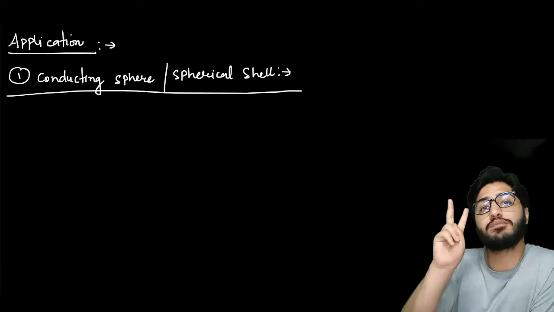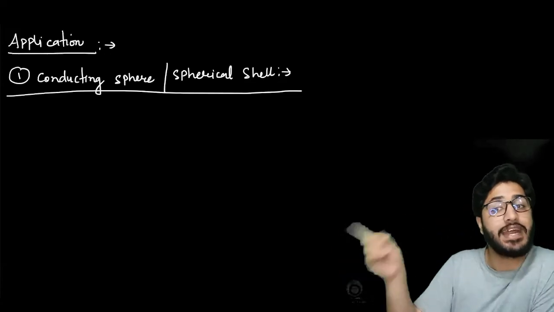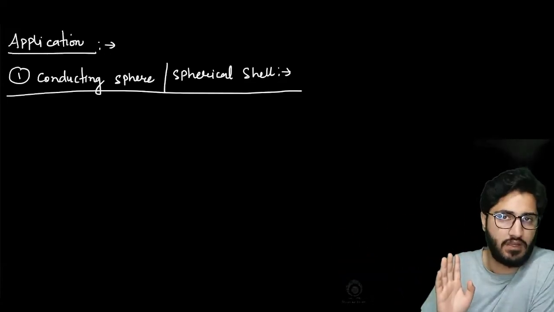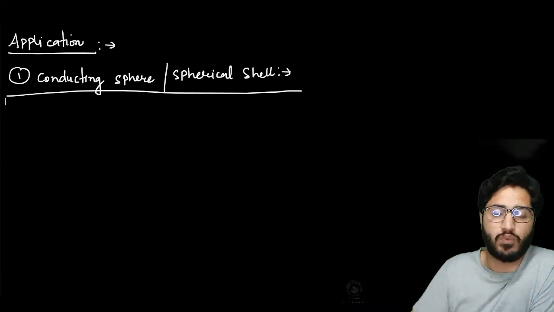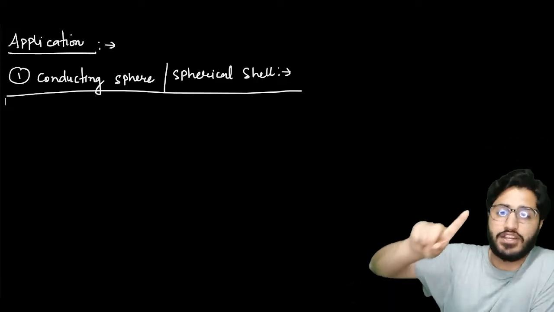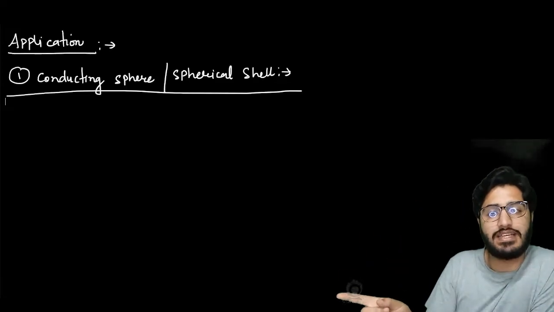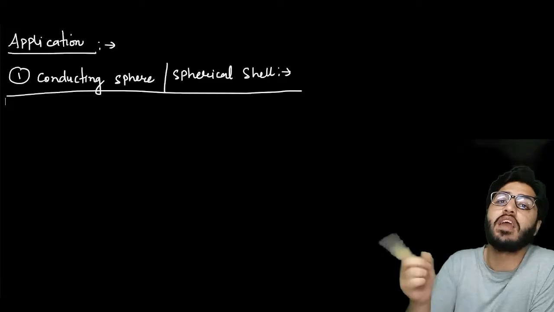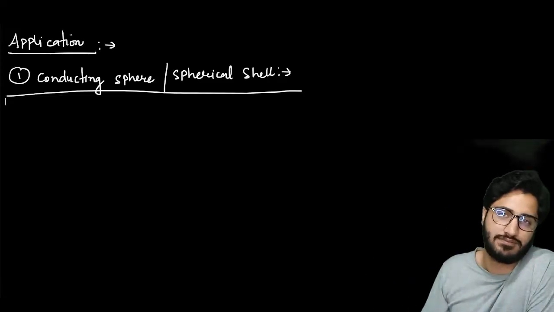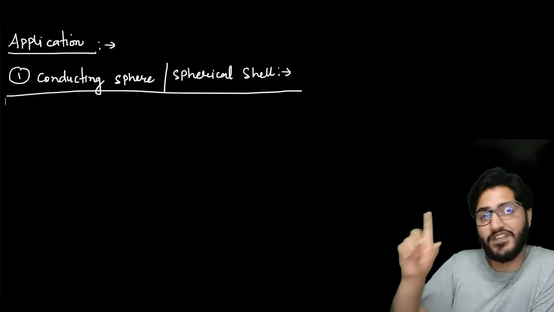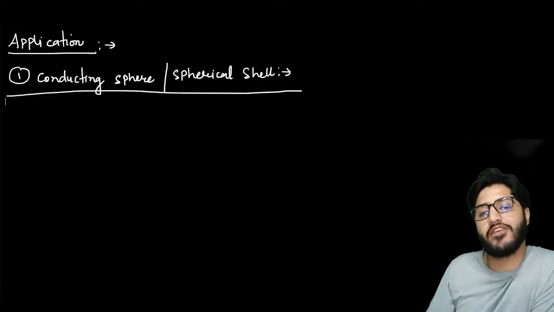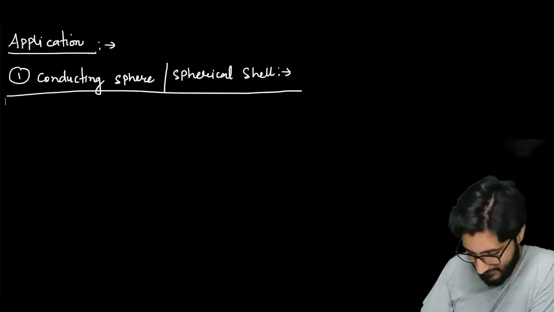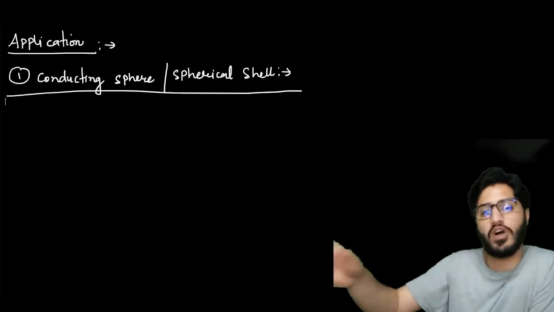We discussed it broadly in two types, conducting and non-conducting. The line that I just wrote there was that the distribution of charge indicates the behavior of electric field. If the distribution of charge is the same, my electric field behavior is the same. If you have not watched it, watch the first lecture.